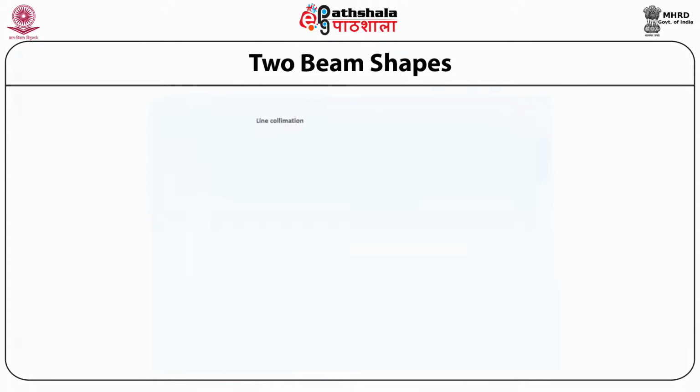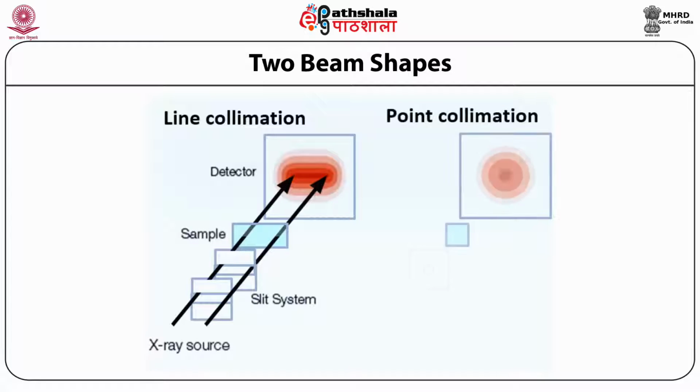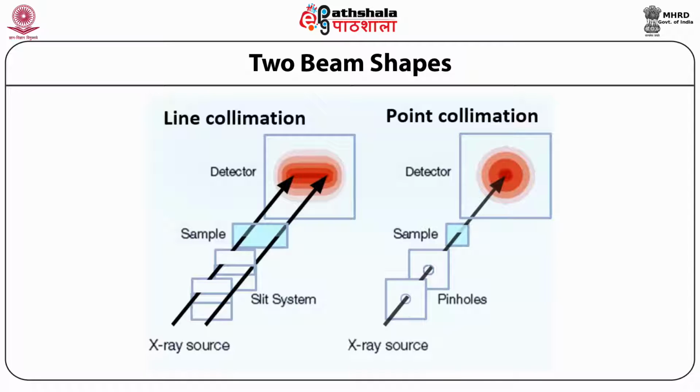Moving on to selection of the beam shape, the X-rays have to be collimated first, either into a line collimation or a point collimation. Both have their own advantages. Line collimation is ideally suited for measuring non-oriented isotropic systems, especially weakly scattering samples such as diluted dispersions and emulsions.